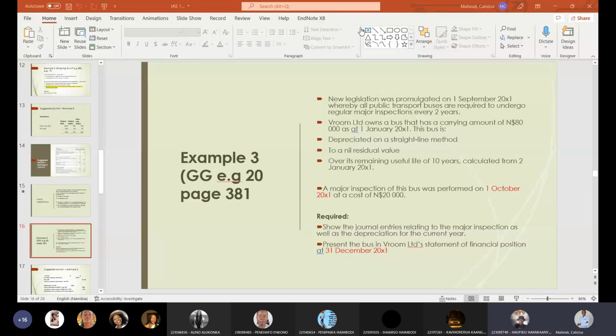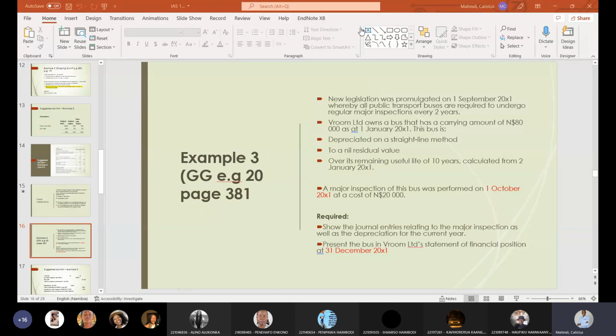All right. So I ask, that major inspection, is it an asset or an expense when you say debit major inspection? Alpha Dube, that journal entry is correct, by the way, but I just want to find out whether you know the classification.